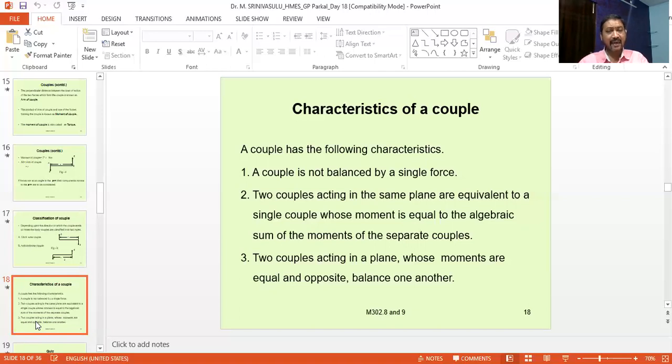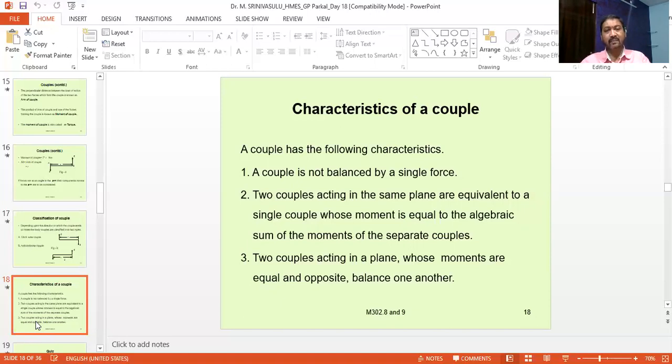However, when two couples are acting, the moment of the two couples can be found by finding the algebraic sum of the moments of the couples. We know, for example, if the couple acts in clockwise direction, it is taken to be negative, and if the couple acts in anti-clockwise direction, it is taken to be positive.